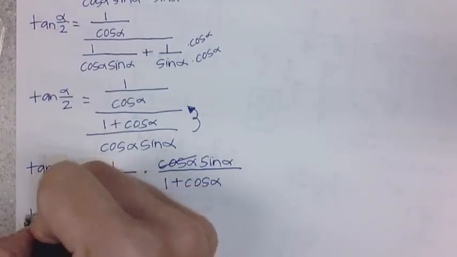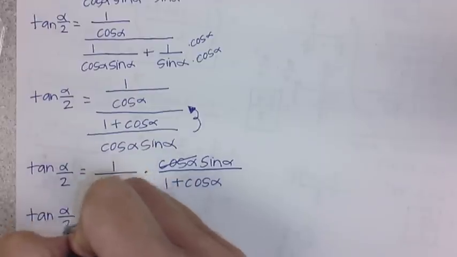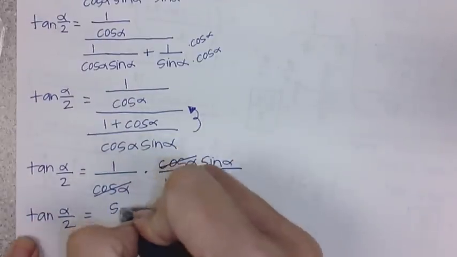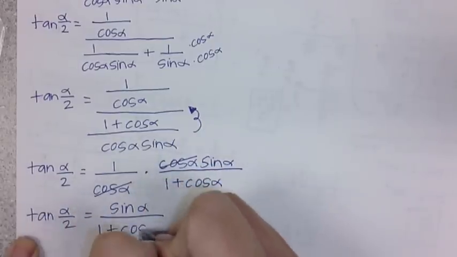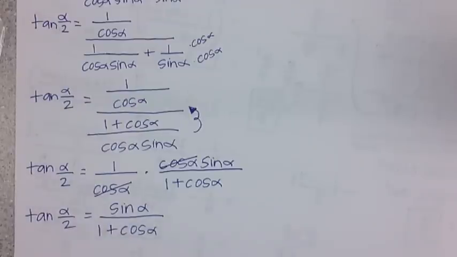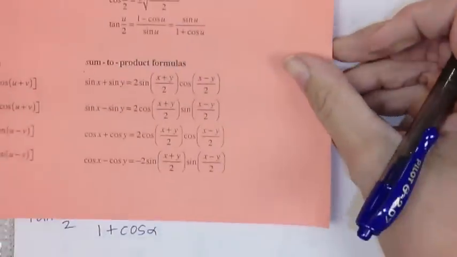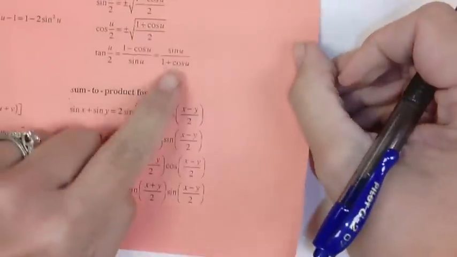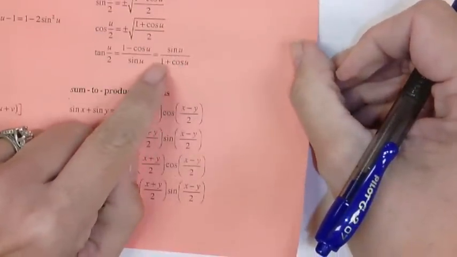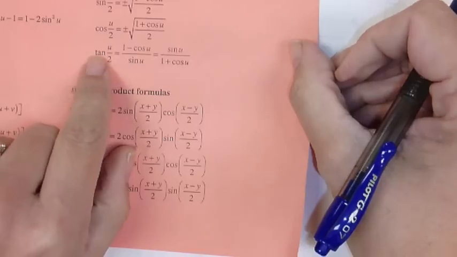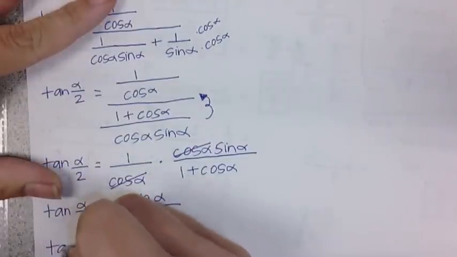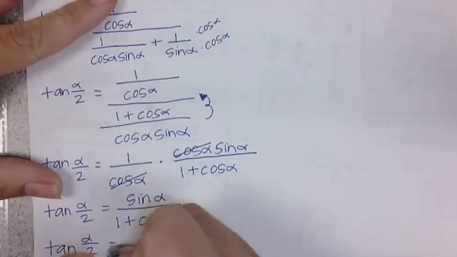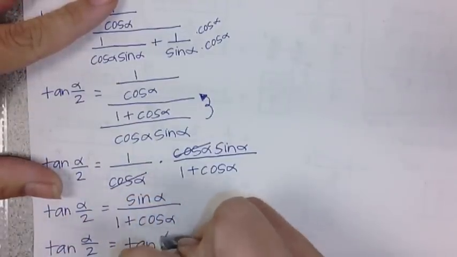So then we're left with the tangent of alpha over 2 equals the sine of alpha all over 1 plus the cosine of alpha. And if you look at your trig sheet here, which is what you should do if you ever get stuck, you see the sine of u all over 1 plus cosine u. Another way to write it is tangent of u over 2. Thus, we have verified the identity and finished our notes.